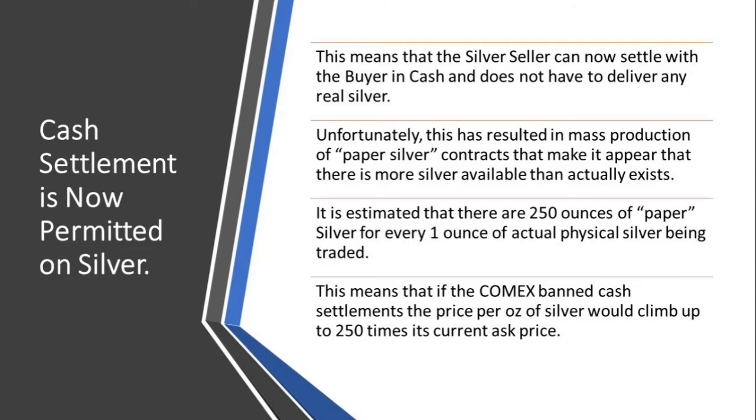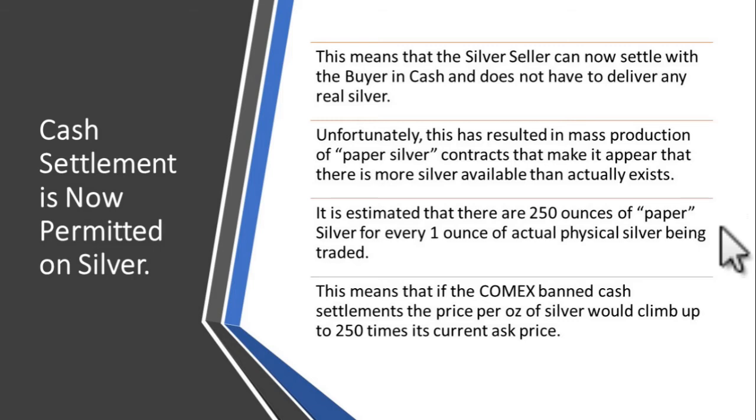Now, instead of settling in silver, cash settlement is now permitted. What this means is that the silver seller can now settle with the buyer in cash and doesn't have to deliver any real silver. Unfortunately, this has resulted in mass production of paper silver contracts that make it appear that there is more silver available than actually exists.